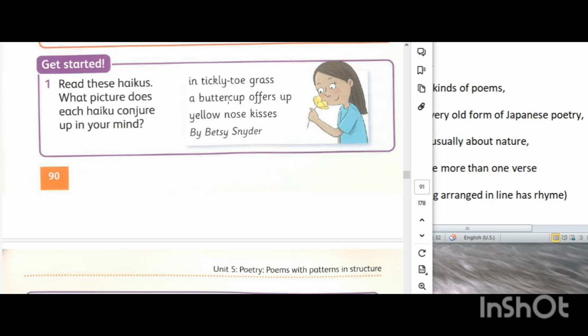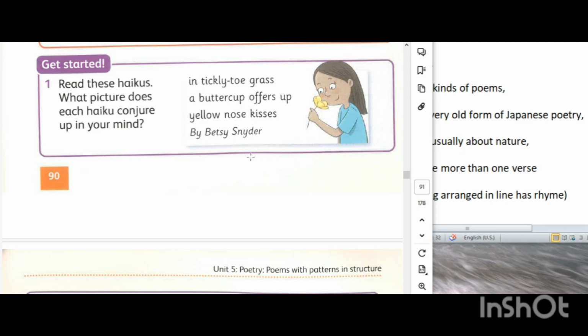Small plant with bright yellow flowers, like this with this girl. Tickly to grass, the way the flower does with the nose of this girl. Like yellow nose kisses, like you kiss, like the flower kisses the nose of the girl.